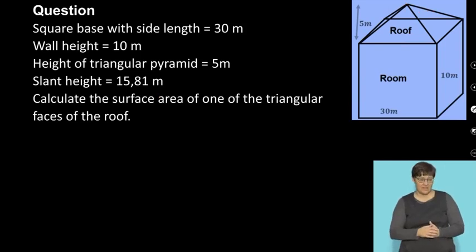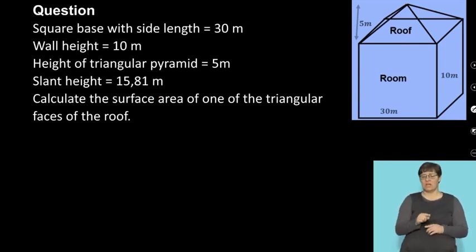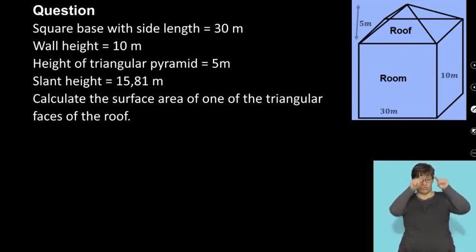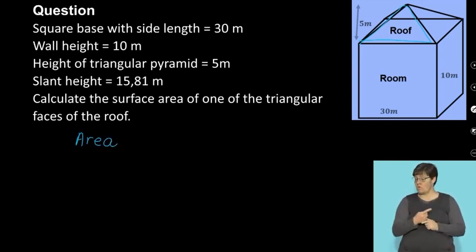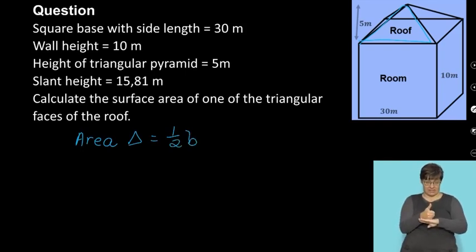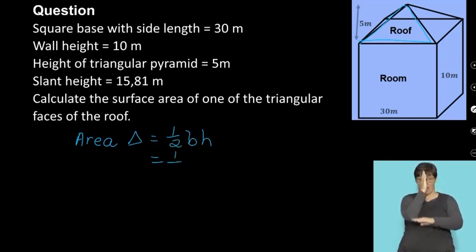Cool guys, so B is asking me to calculate the surface area of one of the triangular faces of the roof. So we know that the roof is made up of 4 triangular faces, and I just want the area of one of them. And I know that the area of a triangle is equal to half of my base times my height.